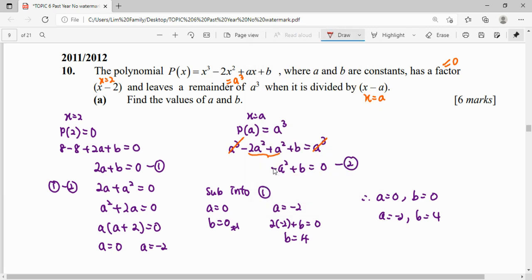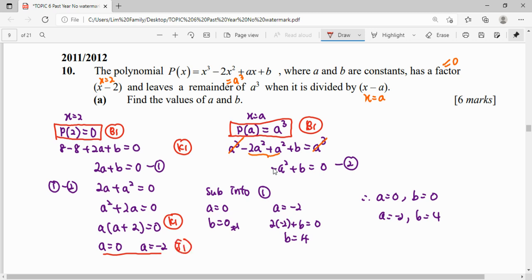So this is our first part, how to find a and b. This is the basic that we need to know for the factor theorem and for the remainder theorem. Then we substitute both values and solve the simultaneous equations to get two answers of a, and finally also two answers of b.